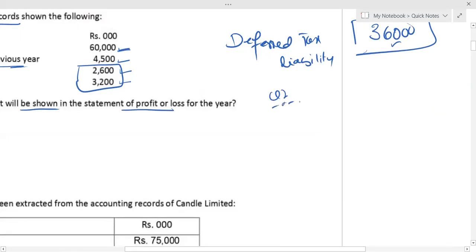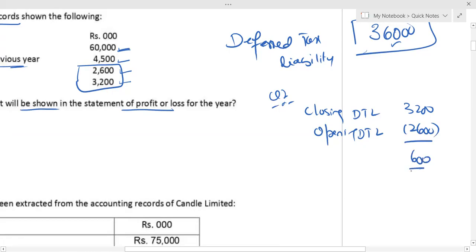Question number 2. Closing deferred tax liability is 3,200. Opening deferred tax liability is 2,600. So there's an increase in the deferred tax liability of 600, which is your deferred tax expense.